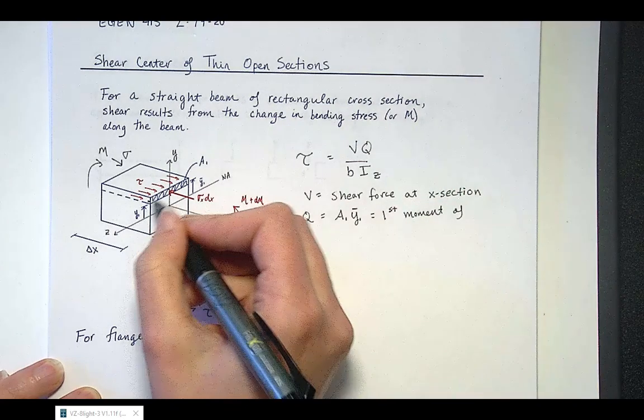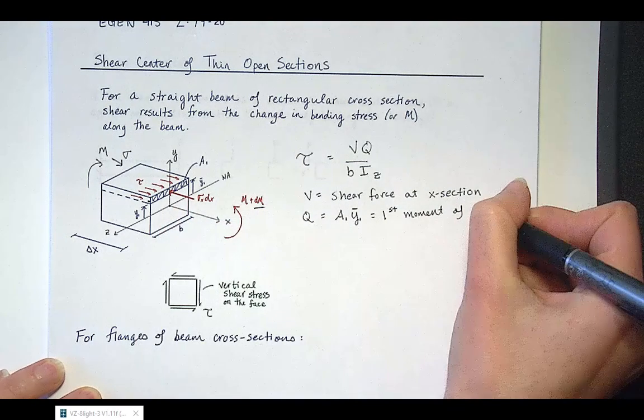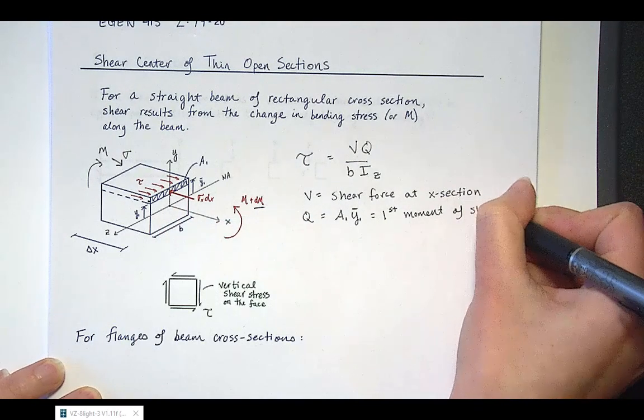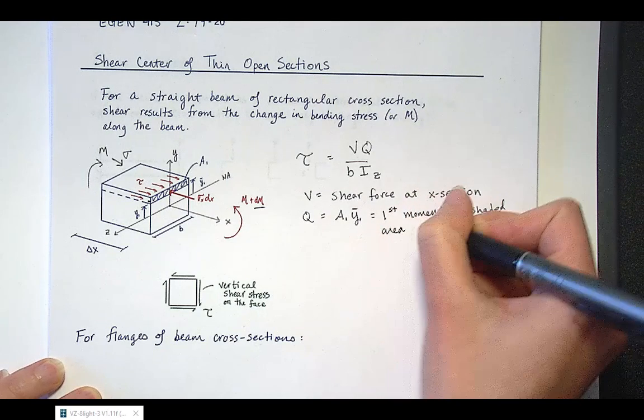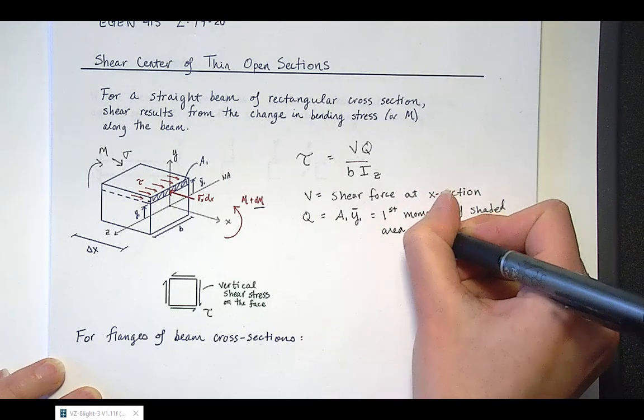And it's the first moment of the shaded area that's shown in the sketch here about the neutral axis.